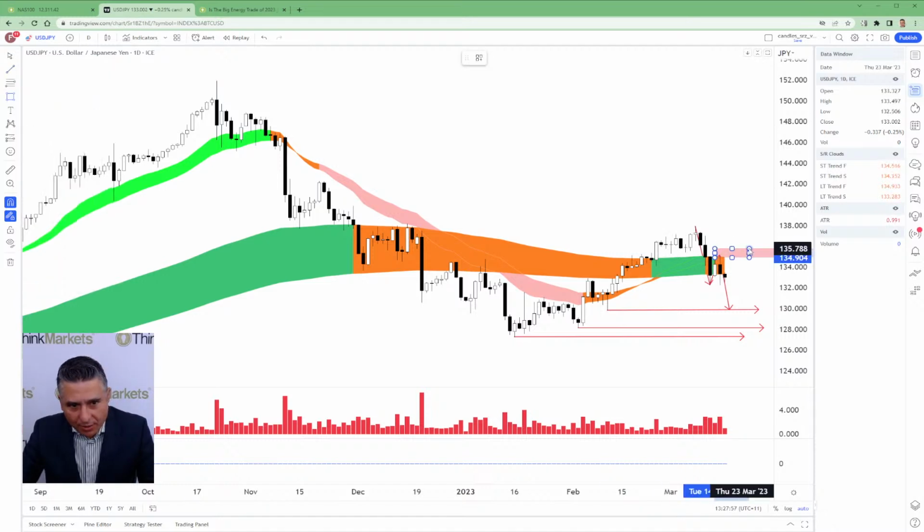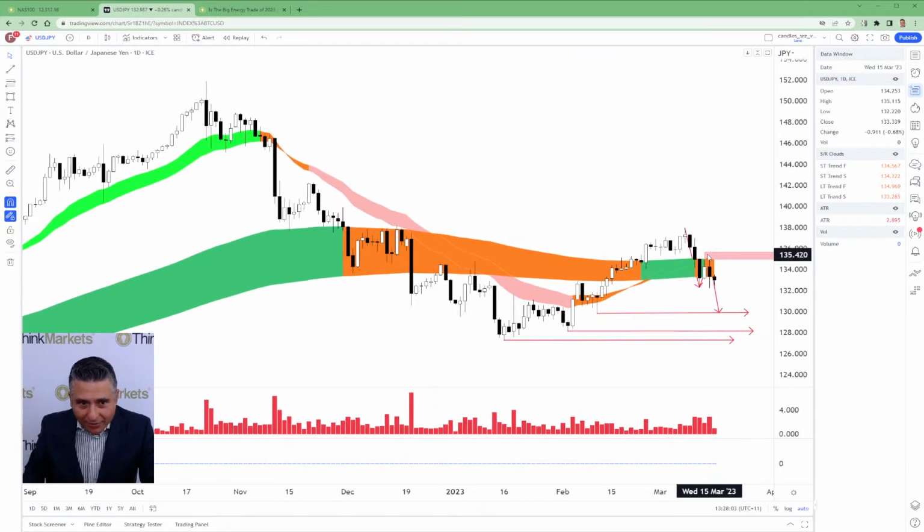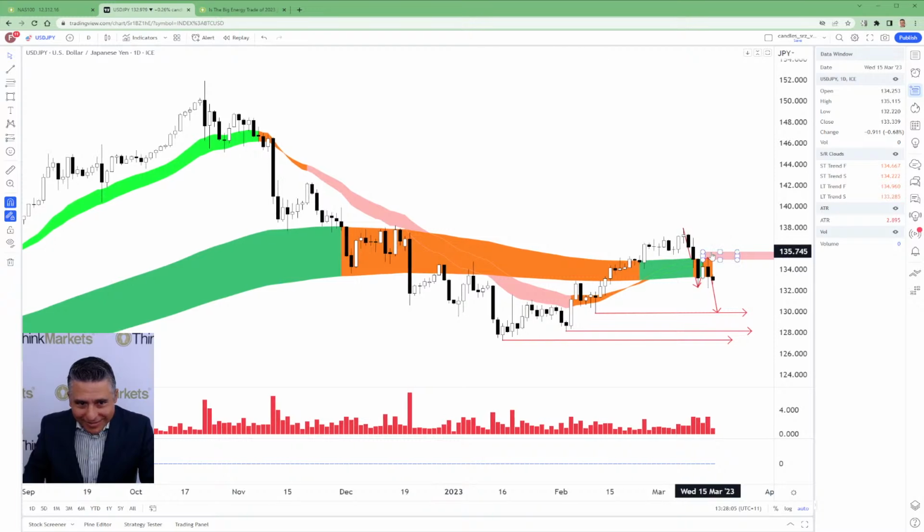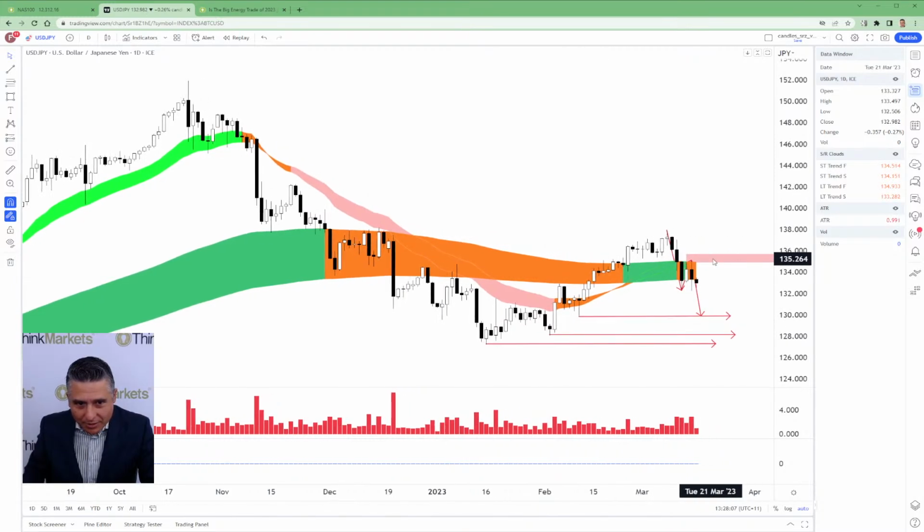Let's say stop loss just above there. It's not letting me move it for whatever reason. I'm going to give up pretty soon. There's another way to do it. Yep, there we go.